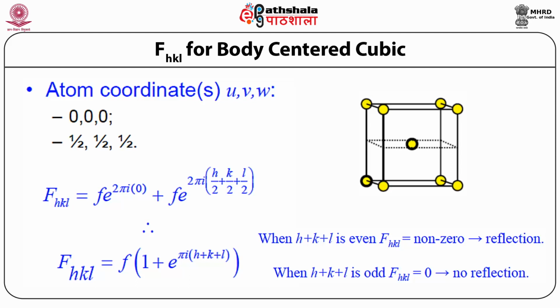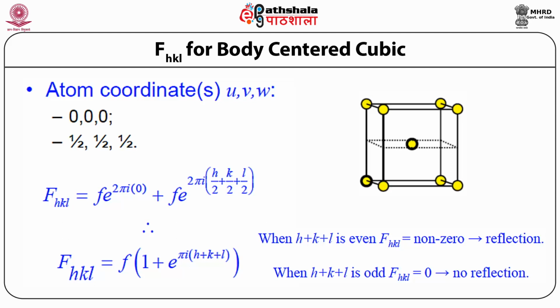Now when H plus K plus L is an even number, this is e raised to the power of twice pi i times an integer, so this is 1, and 1 plus 1 is equal to 2. You will have a Bragg reflection, which is twice the form factor.